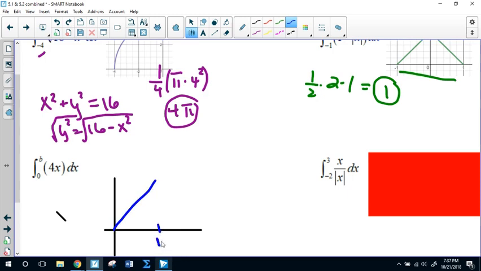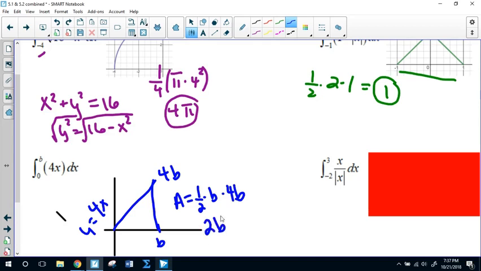This would be b here. And then this height, because it's on the line y equals 4x, the height is 4b. So then the area is 1/2, it's a triangle, 1/2 times the base b times the height 4b, simplified is 2b squared.